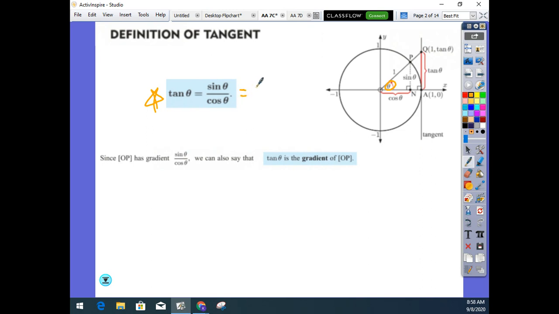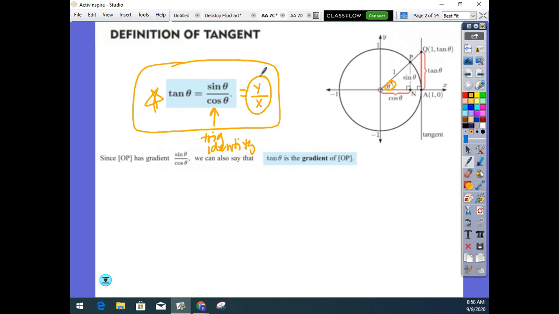And since sine is my y and cosine is my x, those are my two main things I want you to know right here. Tangent is sine over cosine. That's another trig identity. That's important. And then to calculate tangent, we're going to just take our y value divided by our x value.